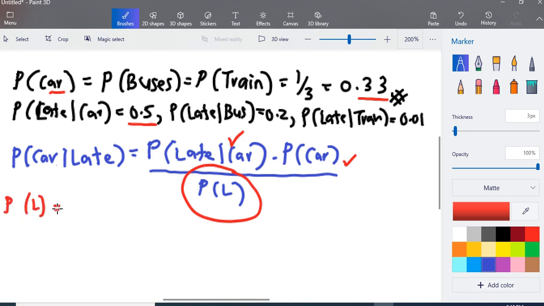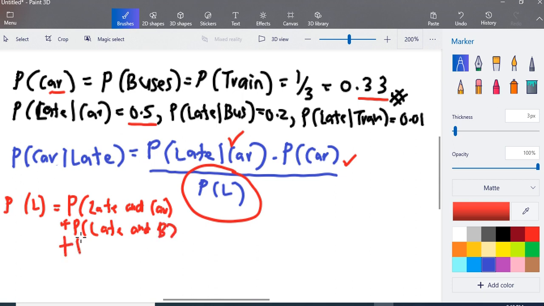P(late) is basically the probability of late and car, plus the probability of late and bus, plus the probability of late and train.